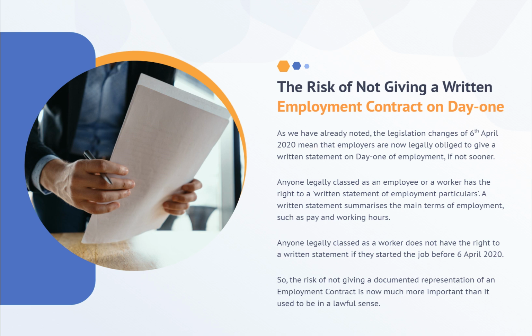A written statement summarizes the main terms of employment, such as pay and working hours. Anyone legally classed as a worker does not have the right to a written statement if they started the job before the 6th of April, 2020. So, the risk of not giving a documented representation of an employment contract is now much more important than it used to be in a lawful sense.